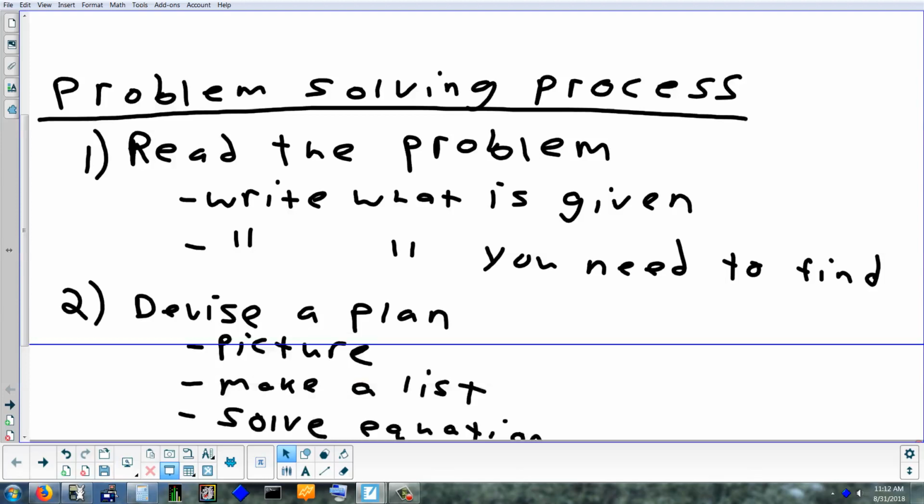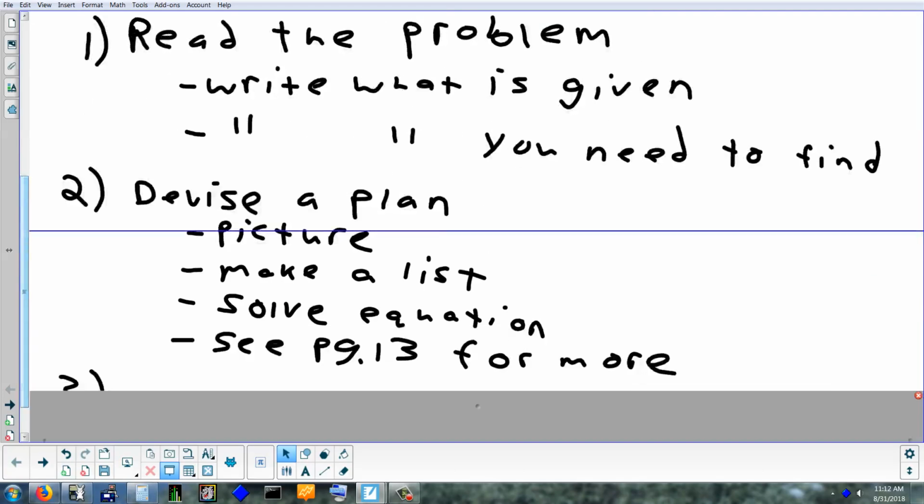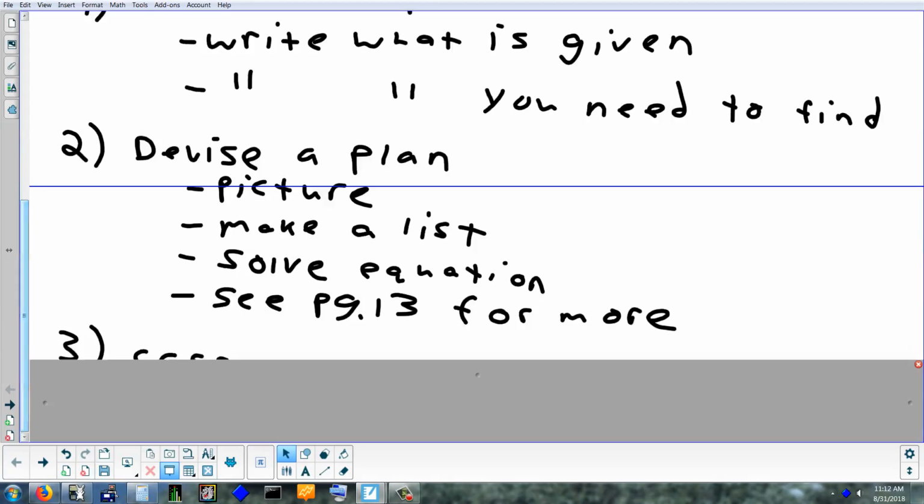So making a picture, making a list, setting up an equation, that's what happens most of the time. Sometimes it's a problem involving distance, rate, and time, or something like that. So using an equation. On page 13 in your book, they have a bunch of other suggestions for ways to tackle a problem.